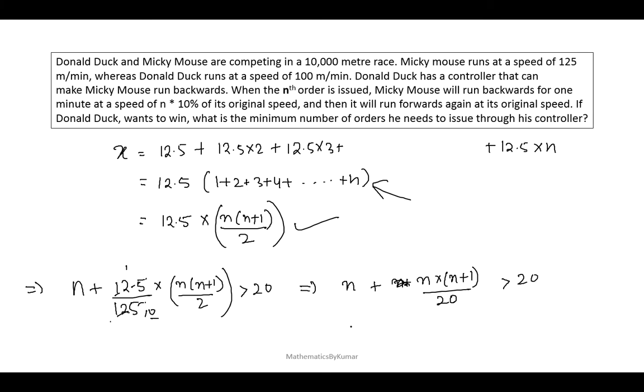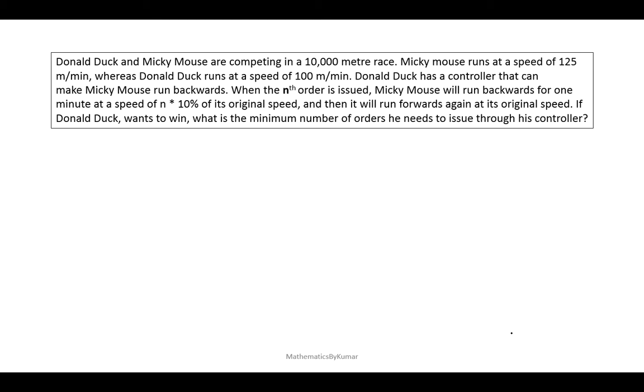Let's simplify a little more. If I make the denominator the same, I get 20n plus n square plus n over 20 has to be greater than 20. I'll continue the simplification on the next page.